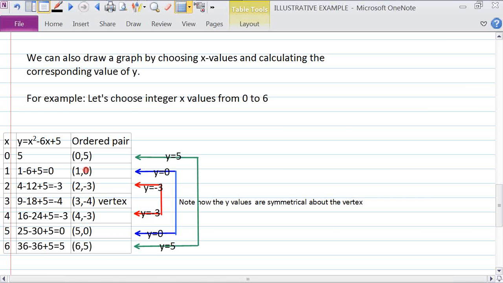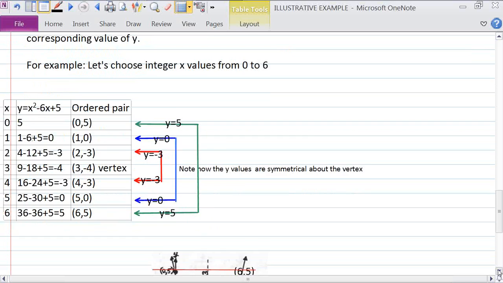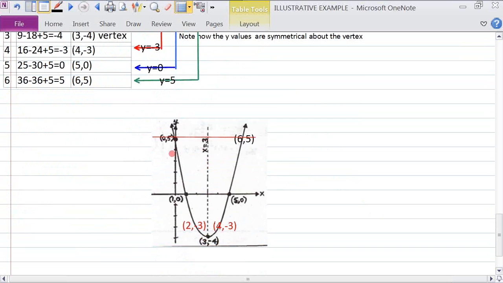Here, when x is 1 and x is 5, the y values are both 0. I've shown that in blue. So again, if you connect all these points, you can see the points that I've shown.